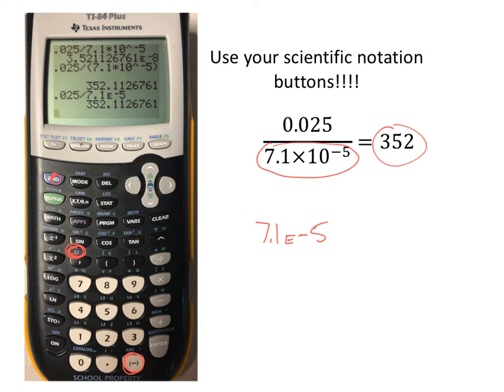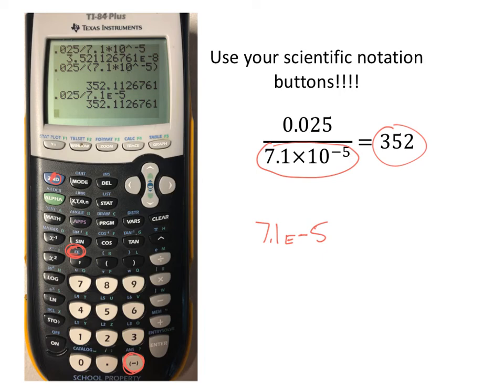And you can see the difference. I've done it incorrectly in the first example here, right? I did times and then 10 and then the caret. And so what it's doing is it's doing 0.025 divided by the 7.1, and then it's multiplying that whole result by 10 to the minus 5. And so we get off by a large amount. This says the answer is 3.52 times 10 to the minus 8 instead of the correct answer, 352.